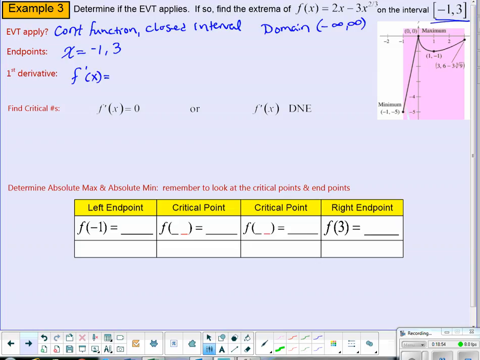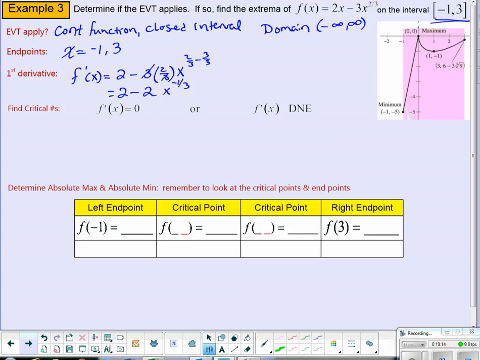Let's take our first derivative. It will be 2 minus 3 times 2/3 x to the 2/3 minus 3/3, or -1. And that gives us, let's clean this up, 2 minus 2x to the -1/3.